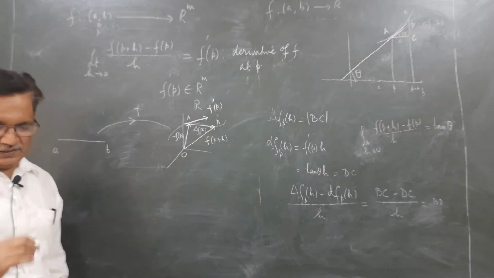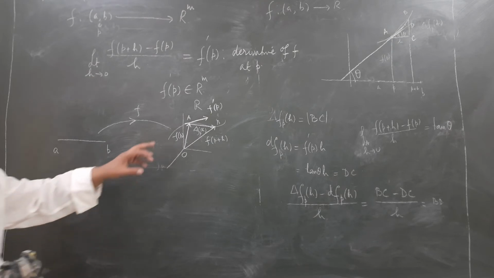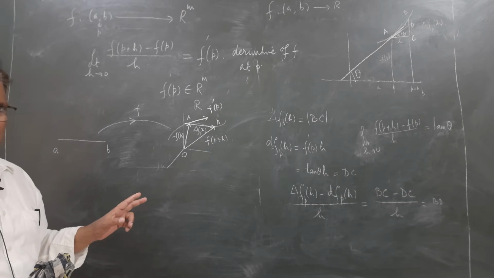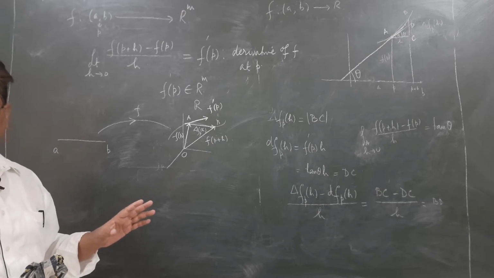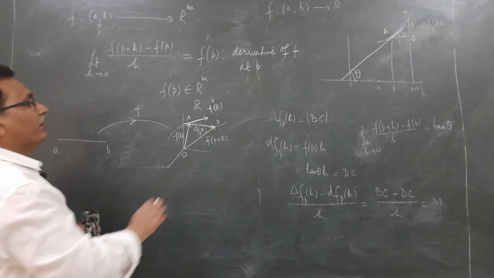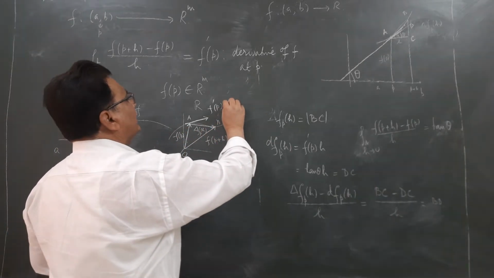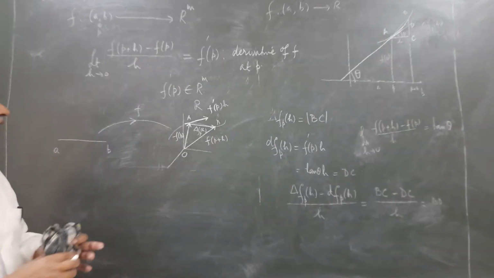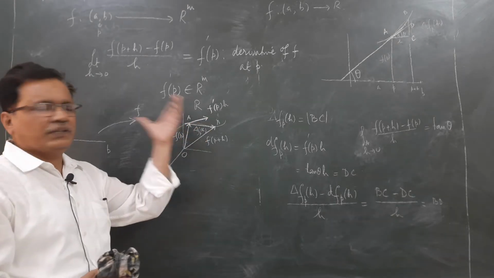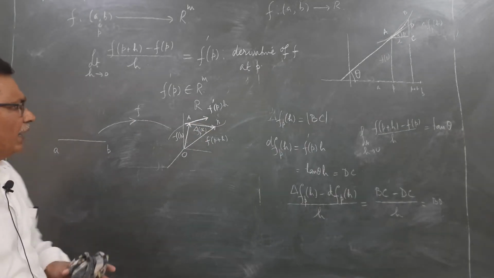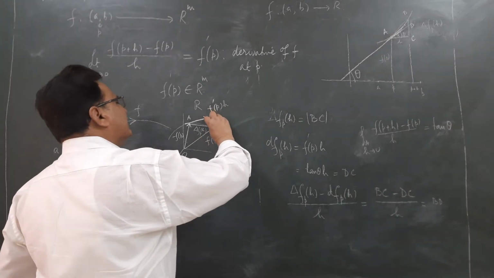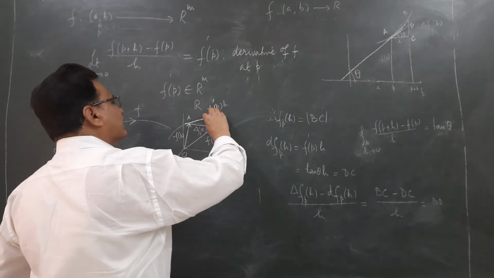So you can realize that f dash p is a tangent vector at the point P. It is no more a scalar, it is a vector which is tangential to the curve. If I multiply it by scalar h, it will remain a vector in the same direction. It will be a little smaller or bigger, I don't know, but it will be along the same direction. And the difference between the two is this difference vector.